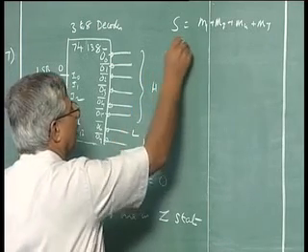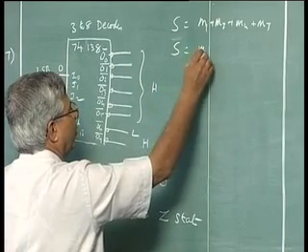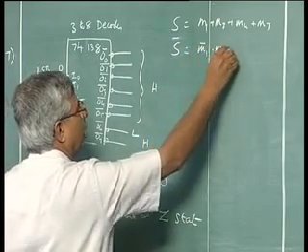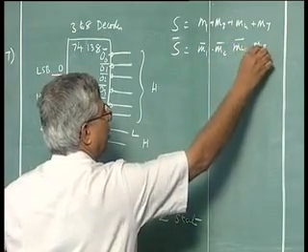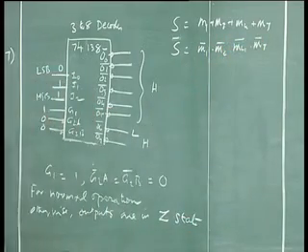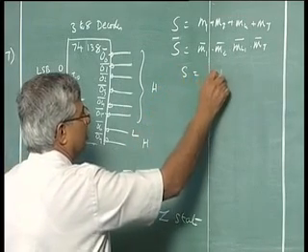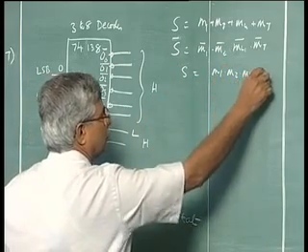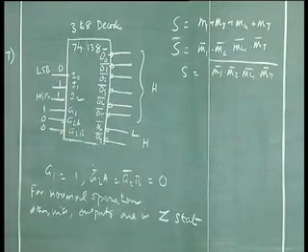So S bar would be M1 bar, M2 bar, M4 bar, M7 bar. But we want the inverse of that, we want sum. So sum is NAND.